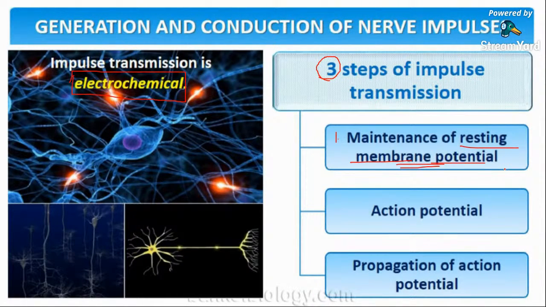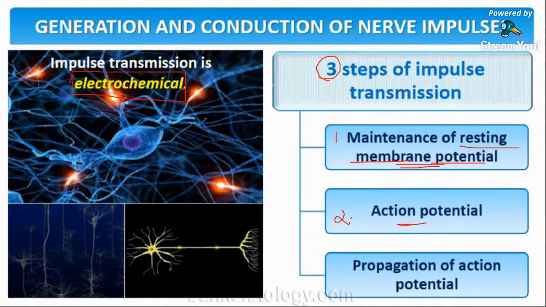There should be a potential difference so that ions can flow from one region to another, which is one of the most important steps involved in the conduction of nerve impulse. Second one, you have the action potential. After the potential, there should be a great difference so that there is a flow of ions.